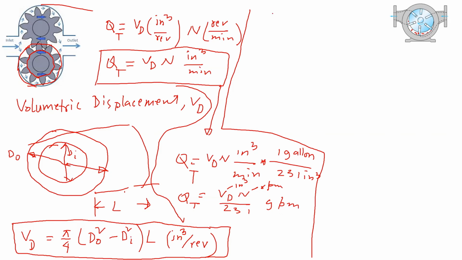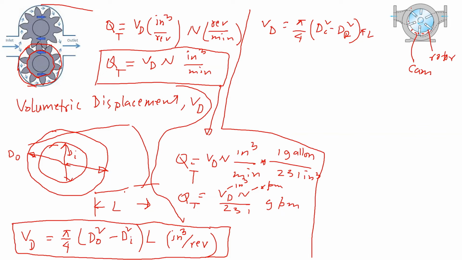To calculate the total amount of fluid trapped, if we ignore the vane width, which is very negligible compared to the vacuum space, we can calculate the displacement like pi by 4 times cam diameter square minus rotor diameter square times the length. The outside is called the cam, and the inside piece is called the rotor.